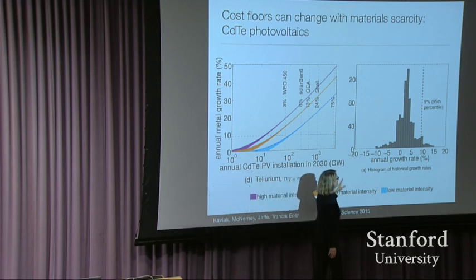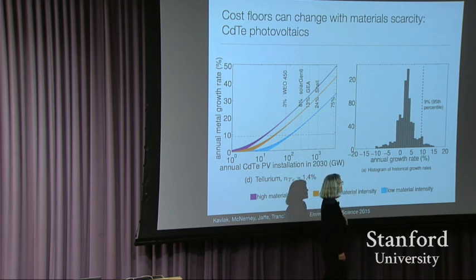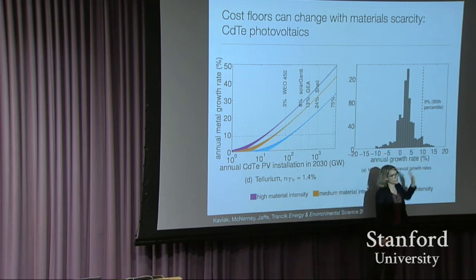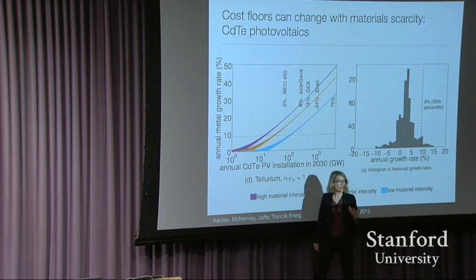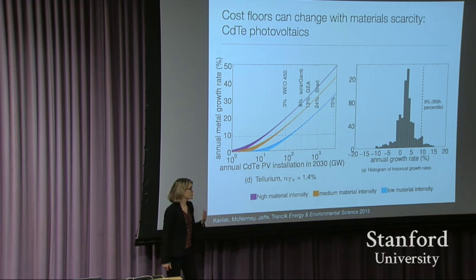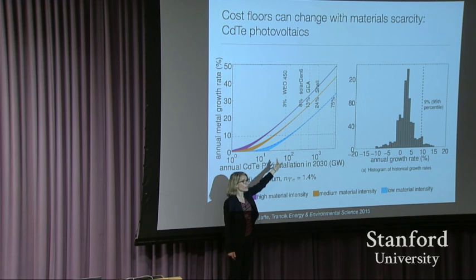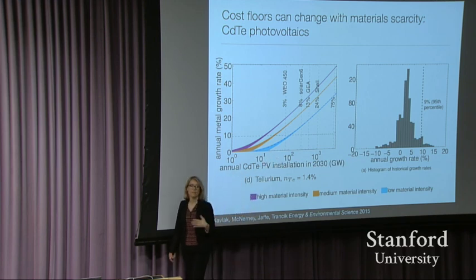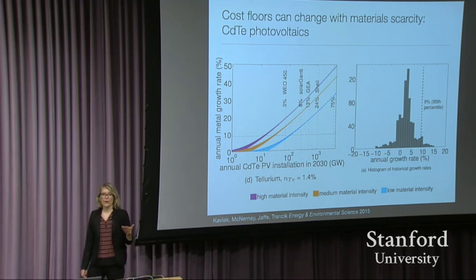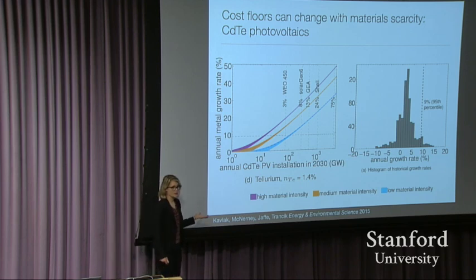If we look at annual growth rates for a range of metals, here we've taken all metals for which data is available between 1970 and the present day, you can see that 20% is actually a historically unprecedented rate of growth across the entire metals production sector. And so to meet 3% or more of electricity in 2030 with cadmium telluride PV cells, tellurium would have to grow at an unprecedented rate.